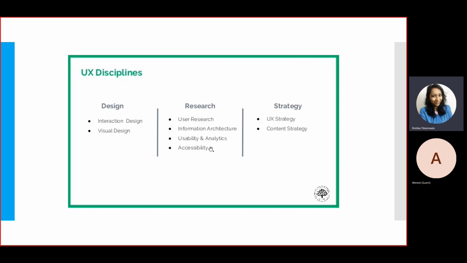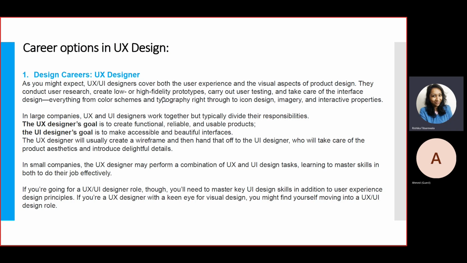Accessibility is also considered, how accessible your product is to the user or how they are going to use it. Then the strategist takes into consideration the content strategy, UX strategy, and how your product is going to benefit the company. Let's understand it in more detail.